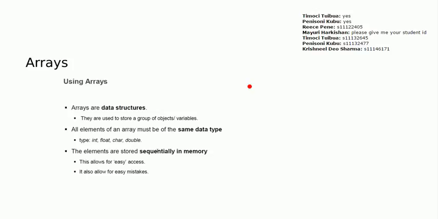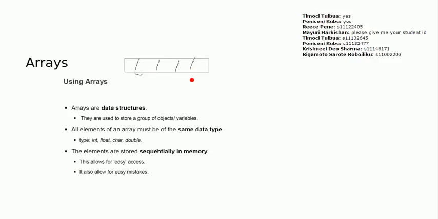So, what does sequentially mean? The elements are stored sequentially. What do you think it means? It means that, let's say this is an array of 1, 2, 3, 4.